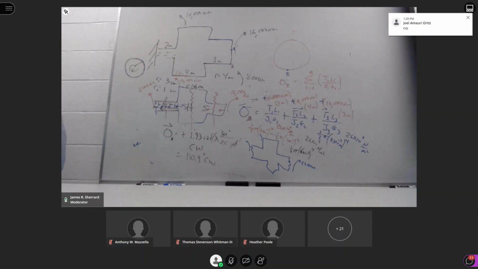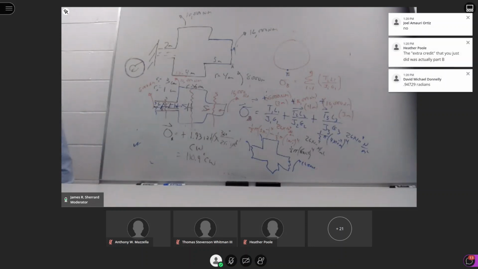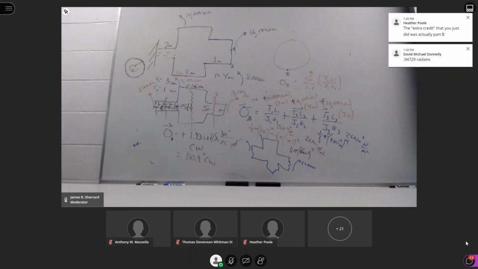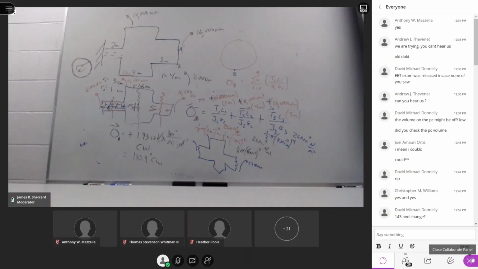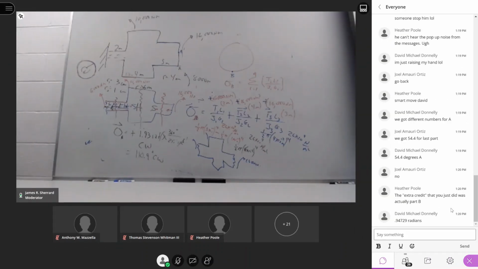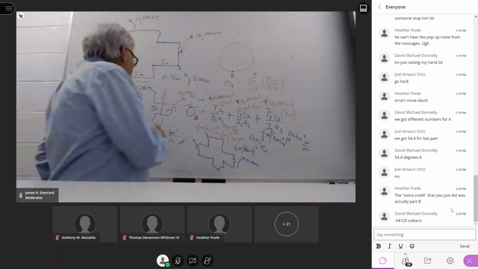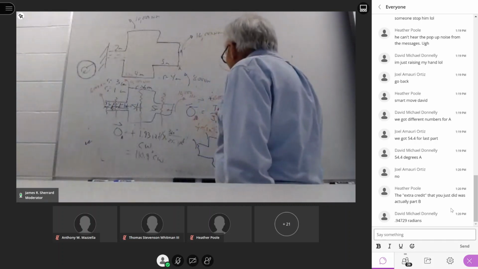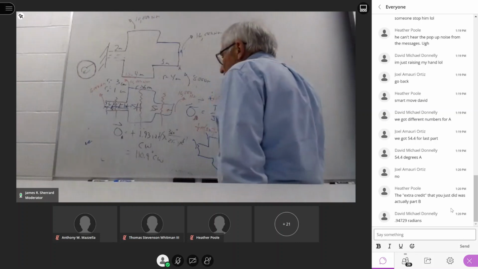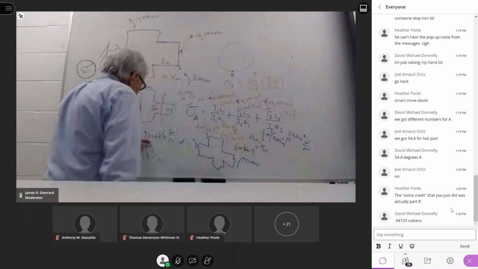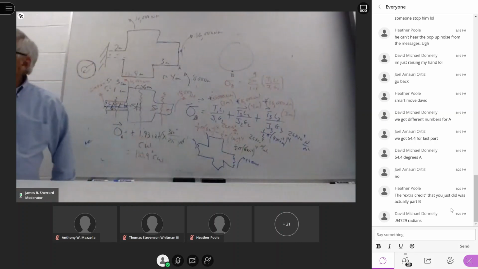What did you end up with? When you did the extra credit for A, when you did these calculations, what did you end up with for the value of the rotation in radians?